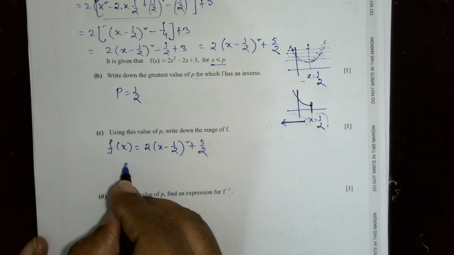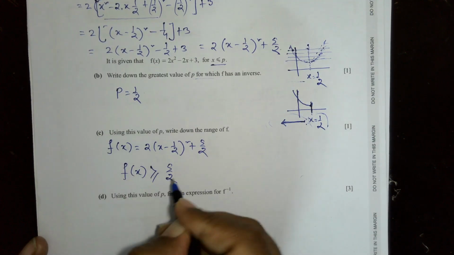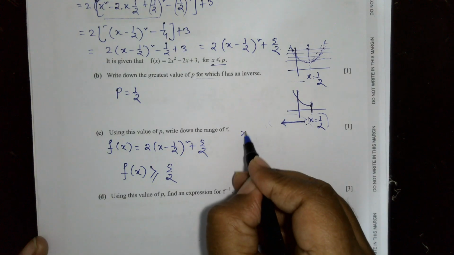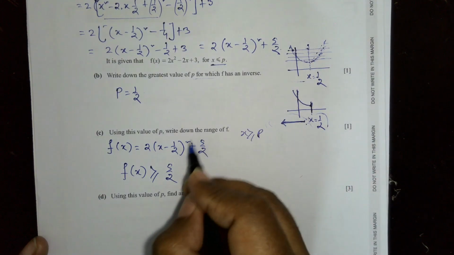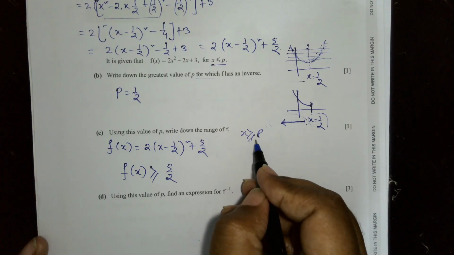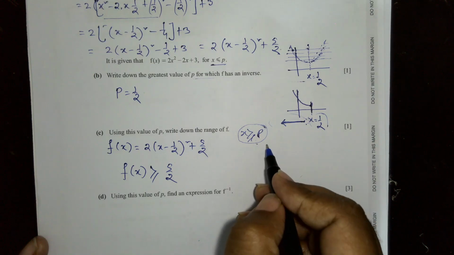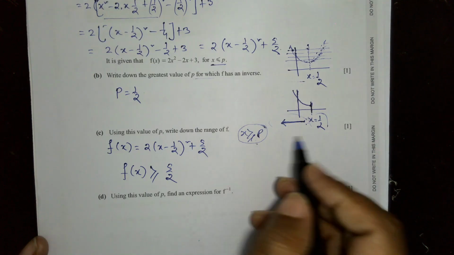Therefore, f(x) must be greater than or equal to 5 over 2. Even if the domain was x greater than or equal to p, the minimum value would have remained the same. But if the domain was written in that pattern, the value of p would be the least, not the greatest. Okay. Right.